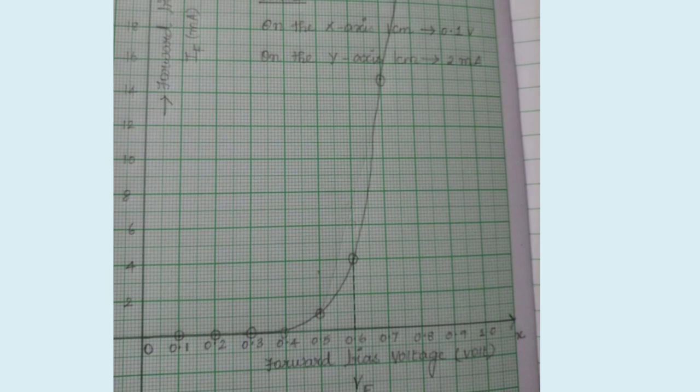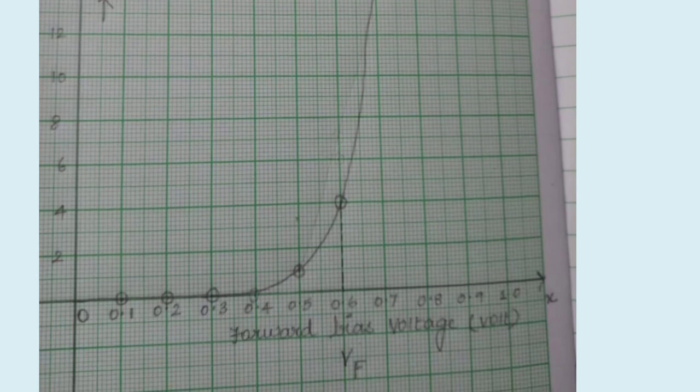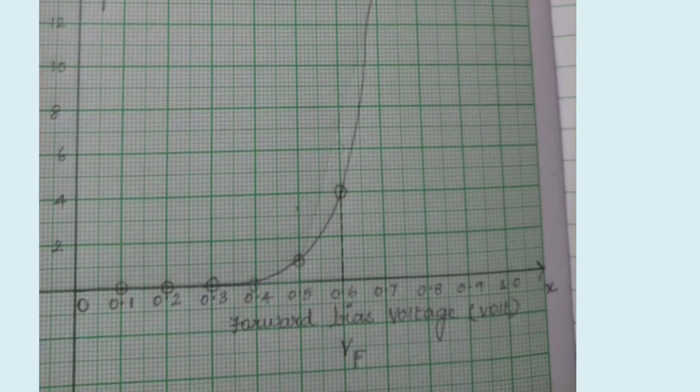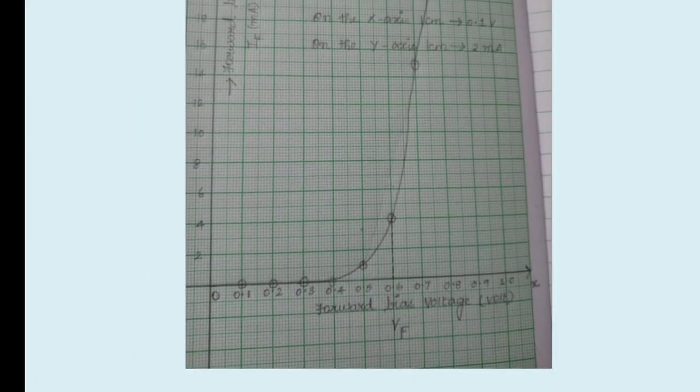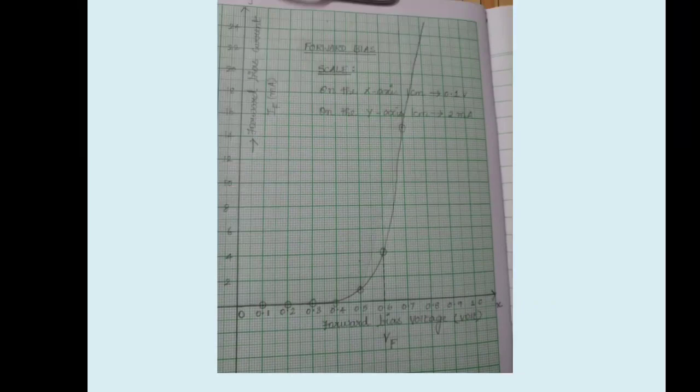So, as per our readings, you can see at 0.6 volt the diode starts conducting heavily. At 0.6, we can see the forward bias current as 4 milliampere. After that, the diode will start conducting. So, we can say this 0.6 is the knee voltage.